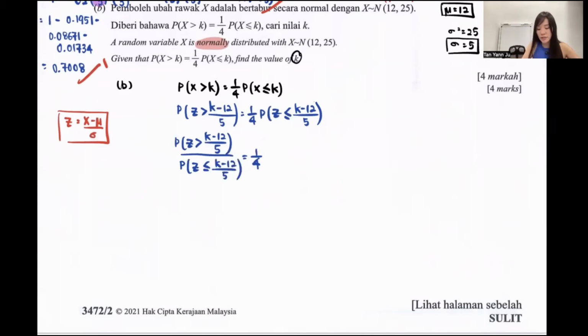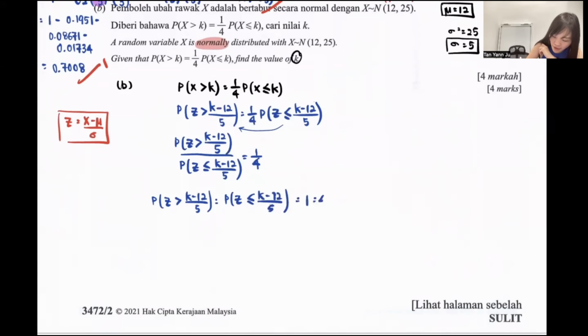Now, my dear, once you move it over and make it a fraction, alphabet one side, number one side, you know that the probability of Z bigger than this to the probability of smaller than or equal to it is equivalent to 1 to 4. Guys, it means what? Let me draw for you.